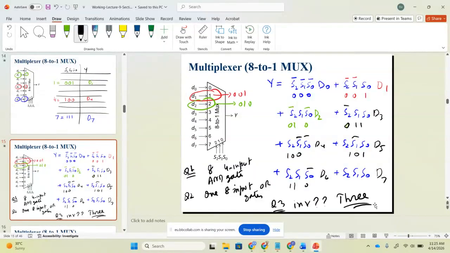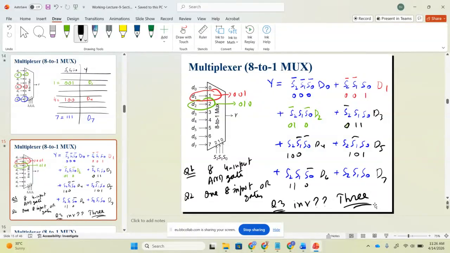Any question? Professor, for this multiplexer, it will be 11 inputs. Yes, there are totally 11 inputs. Yes, you're right. Very good observation. I don't get why the multiplexer will have 11 inputs.